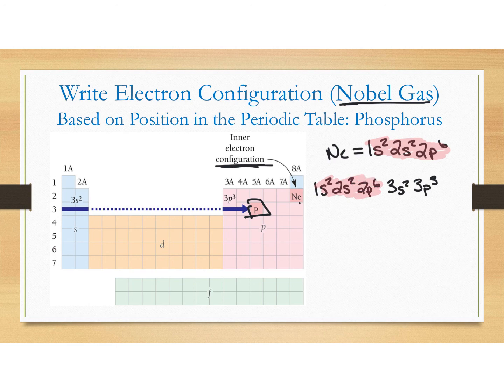Neon. So I would write that as neon in brackets, 3s2, 3p3. It's a shorthand notation for this particular element. See how it gets rid of those 10 electrons? It keeps it in a short, concise notation.